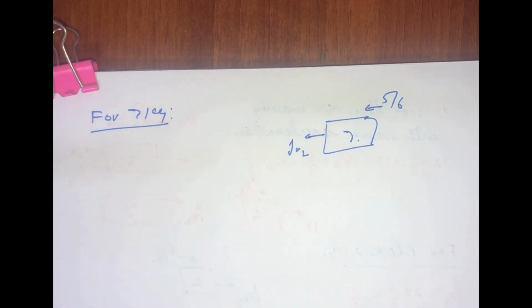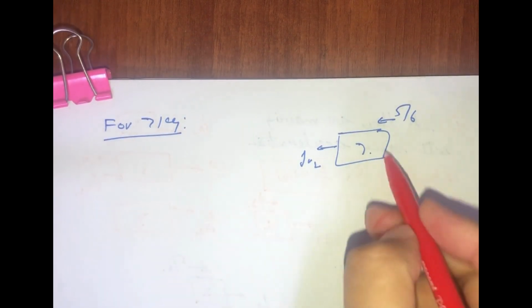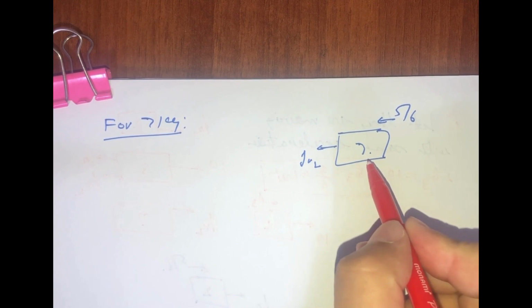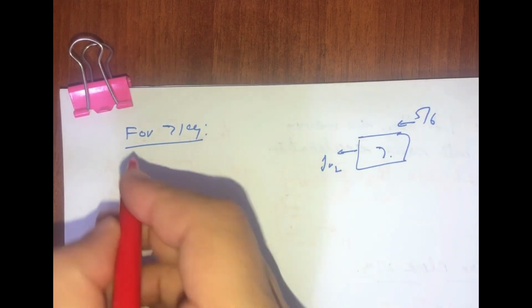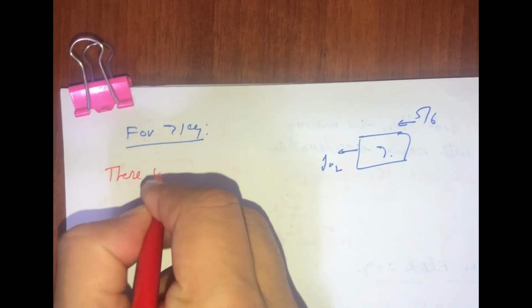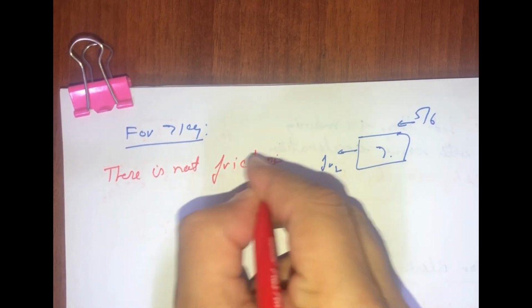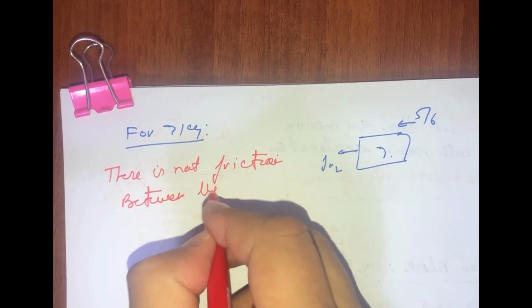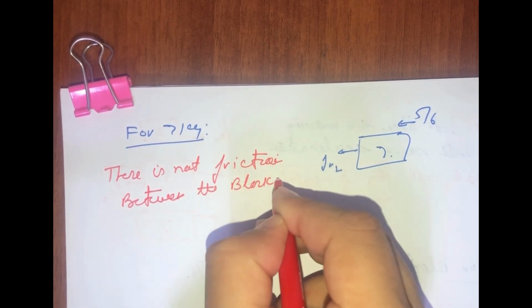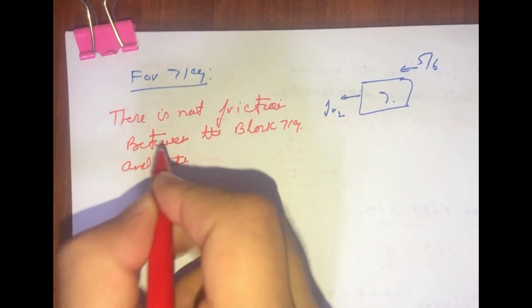Yeah, it's 5 by 6. Now in this case there is no friction between the ground and the 7 kg block.